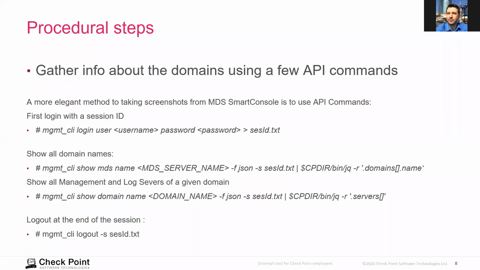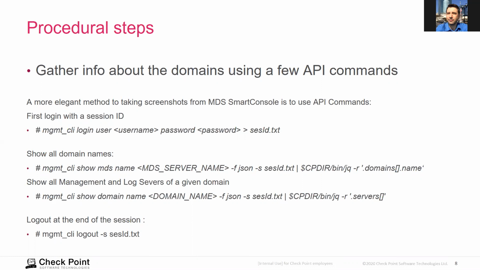One of the things we have to keep in mind is that this feature has some limitations. One of the limitations is that we can only back up and restore the domain management server that is primary and active. So we run this procedure on the MDS server where the CMA, or domain management server, is primary.